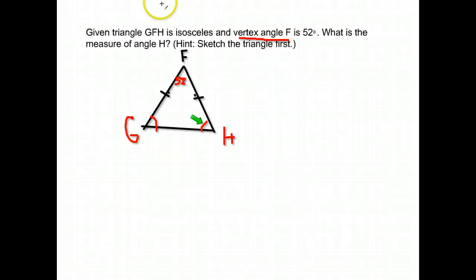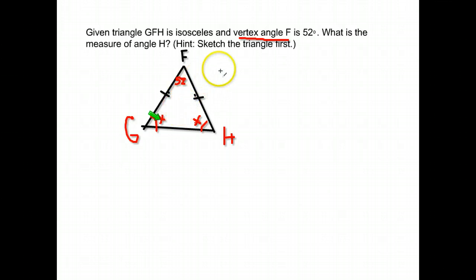So I'm going to call that x, because that's the unknown value I'm looking for. But the cool thing is, since I know these two angles are congruent, if this one has a measure of x, this one will also have a measure of x. You can't do that on any problem, but when you have an isosceles triangle, you do know these two are the same, and we can transfer the value from here over to here.